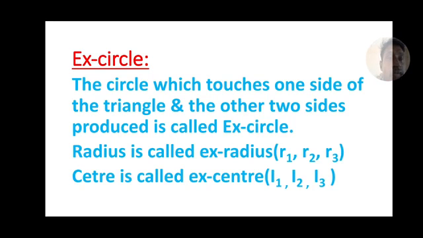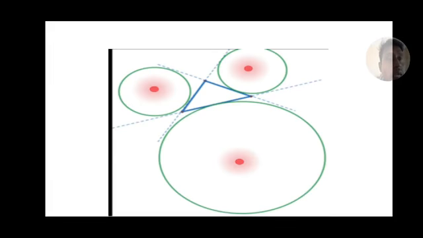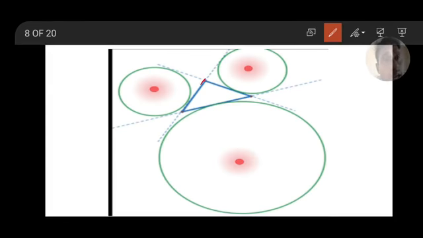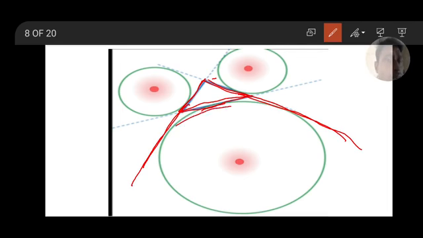Next, the excircle. The circle which touches one side of a triangle and the other two sides produced is called an excircle. If it is a triangle ABC, extend two sides; the circle should touch the extended sides and one side of the triangle.